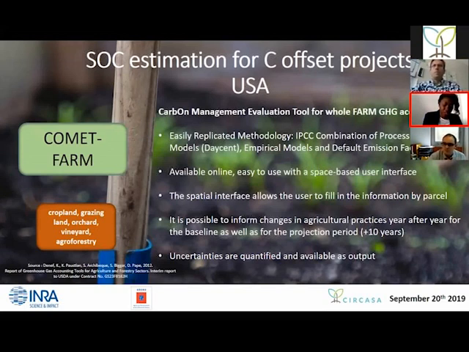The aim of this tool was to help incentivize carbon offsets in projects, and also for local farmers to improve their management practices. Government programs can also be based on this tool, and supply chain management as well.